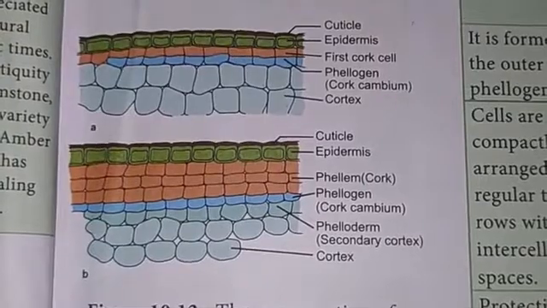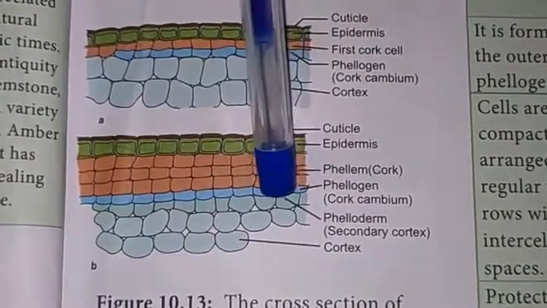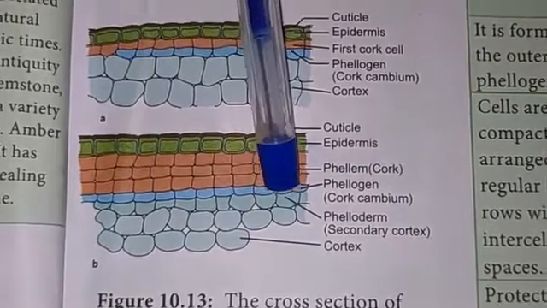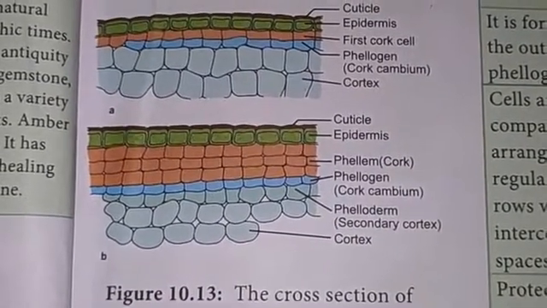The cells towards the outer side differentiate into phellem, and the inner side is phelloderm. Outer phellem, and inside it is the phelloderm, that is, the secondary cortex.